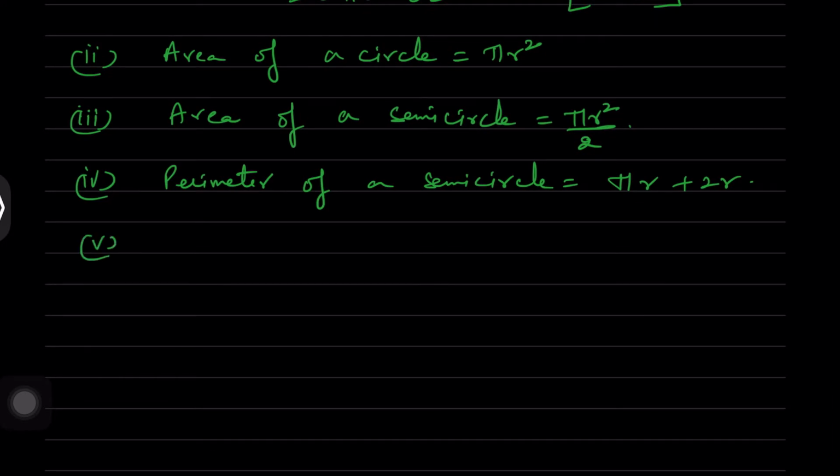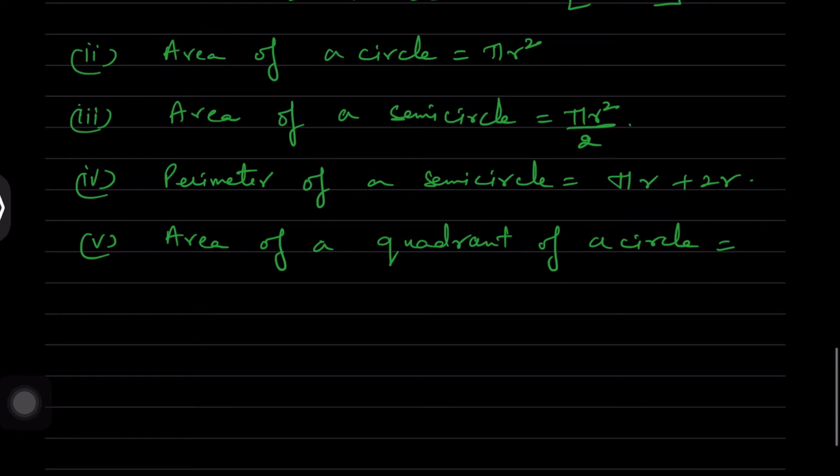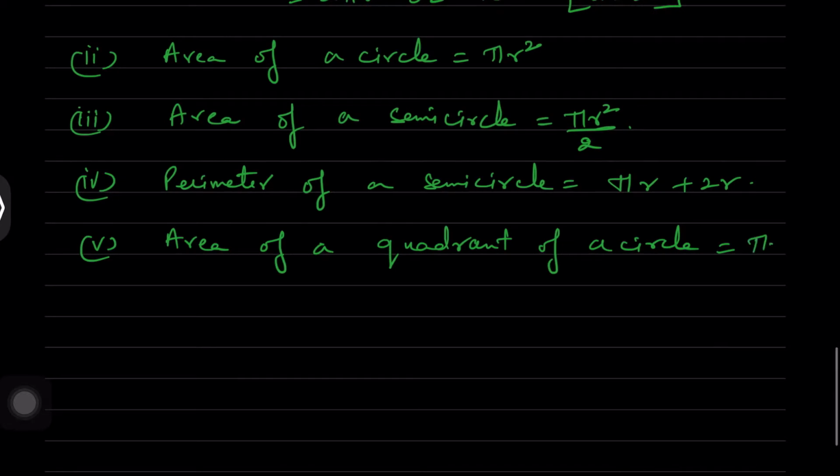Then we have the area of a quadrant of a circle. The area of a quadrant of a circle is equal to pi r square by 4.